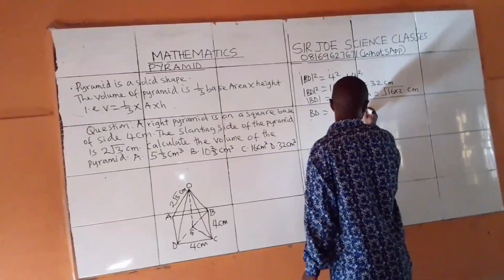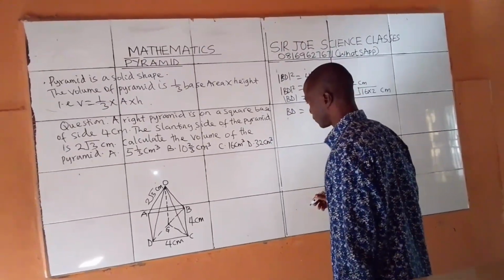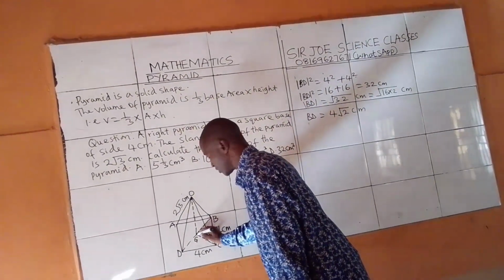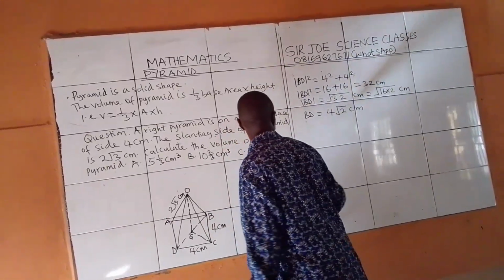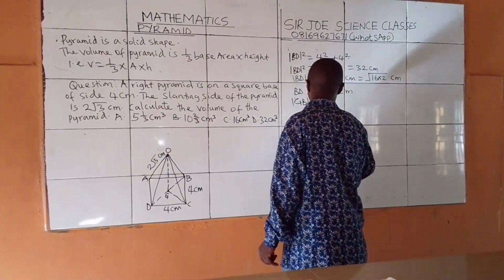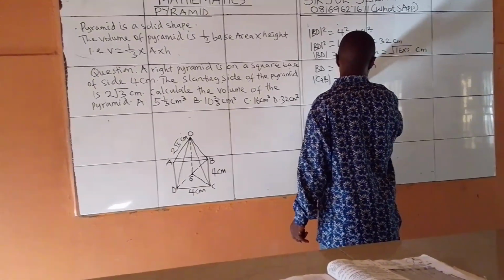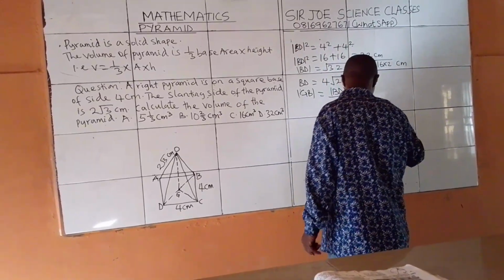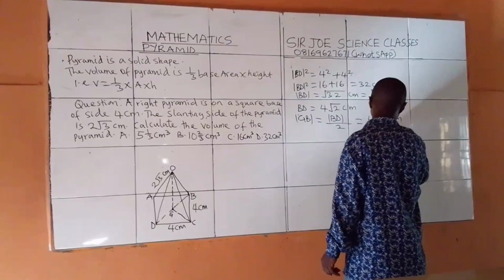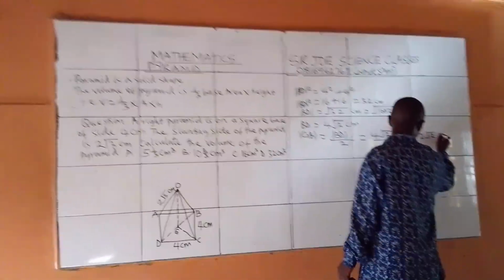We now have BD equals to 4√2 centimeter. Now that BD is equals to 4√2 centimeter, we need to calculate GB, the distance from G to B. So we have GB is equals to BD divided by 2, which is equals to 4√2 centimeter divided by 2, which is equals to 2√2 centimeter.